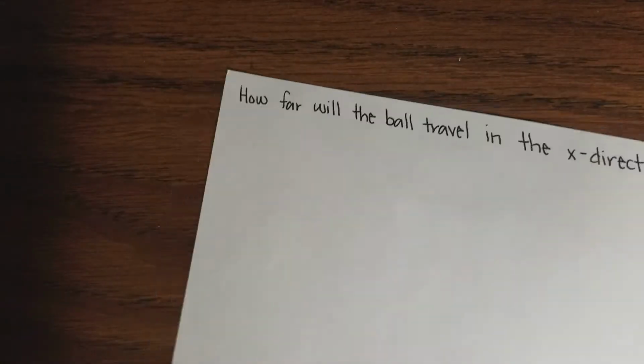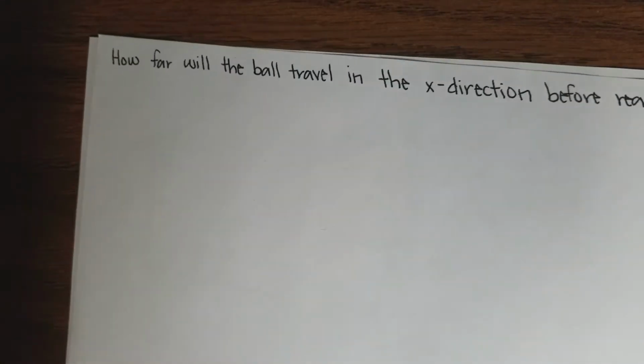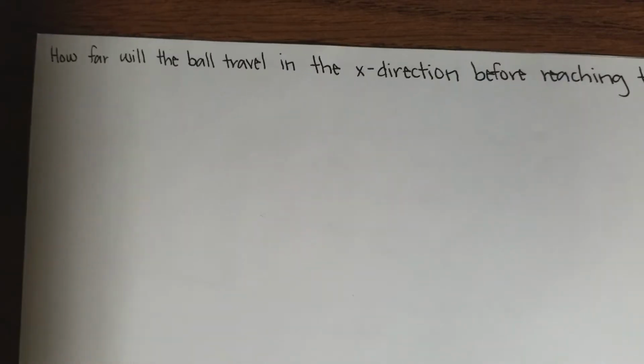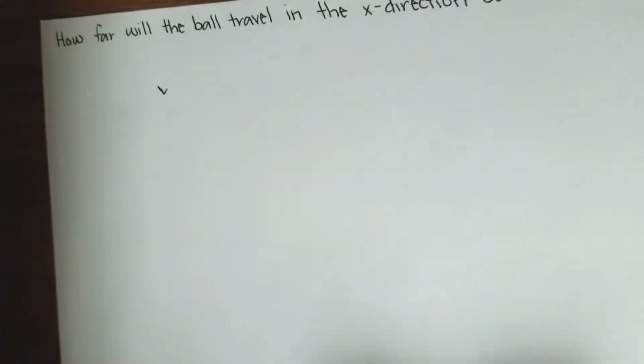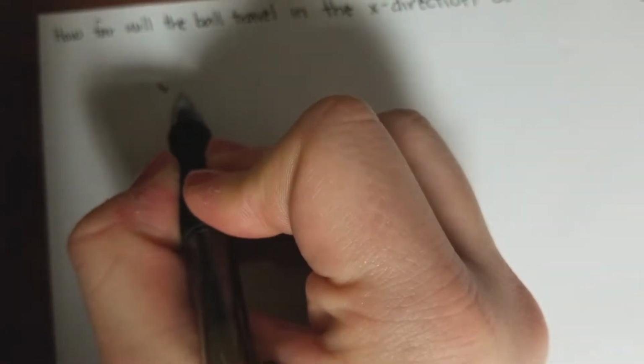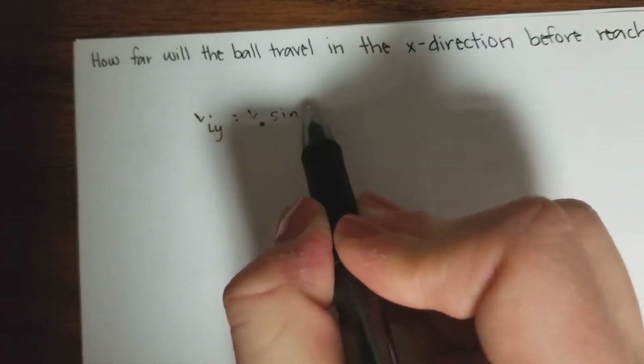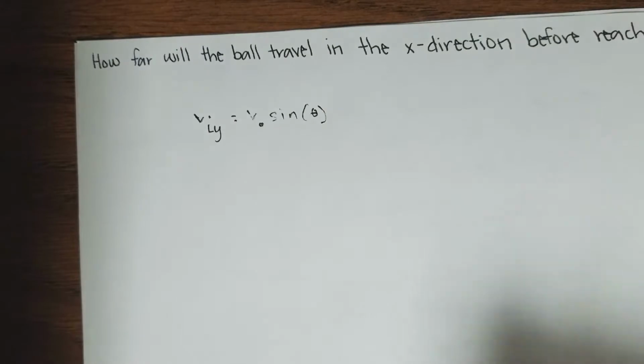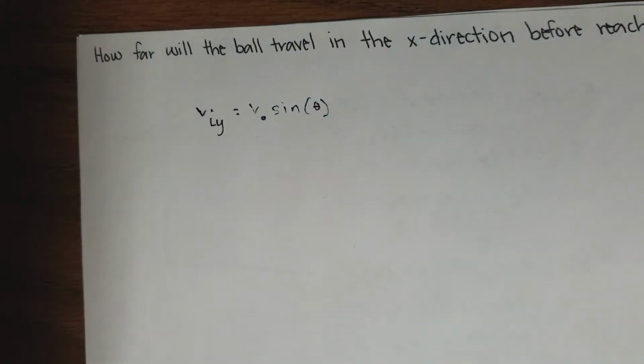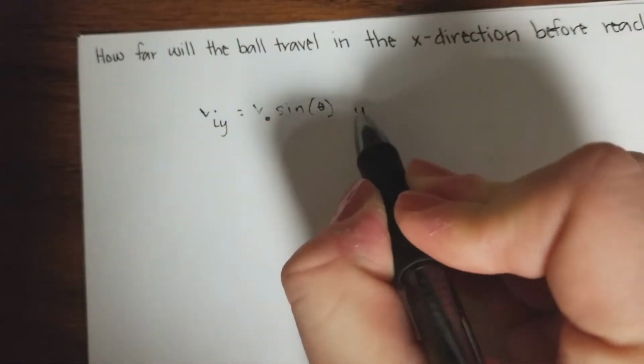Then from there we can calculate how far the ball will travel in the x direction before reaching the ground. We know that the velocity initial in the y direction is equal to v naught sine theta, and we do not know the velocity final in the y direction.